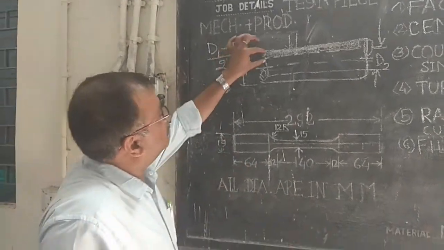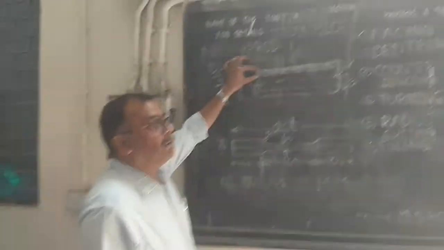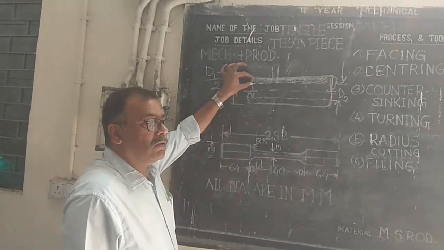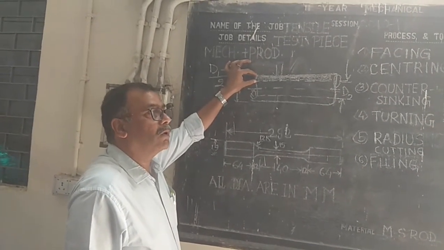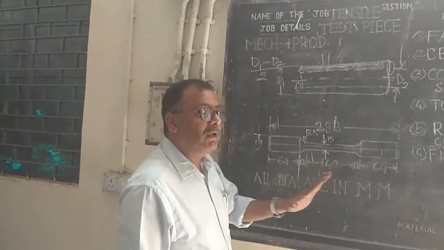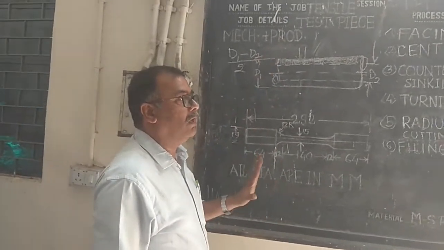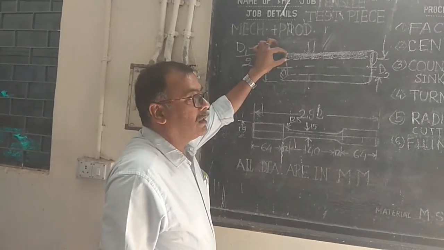If we remove this much material in a single cut, there will be a large load on the tool, on the machine, and on the workpiece. So the chances are that either the tool, the workpiece or the machine will get damaged. So we do not remove the complete material in a single cut.